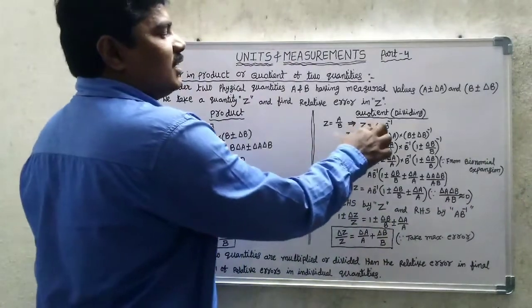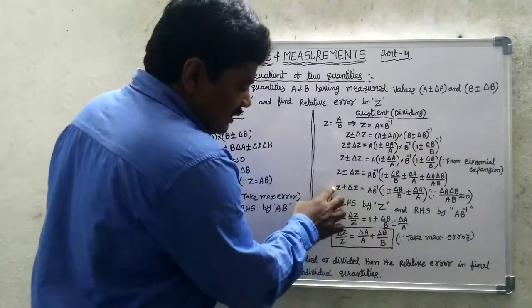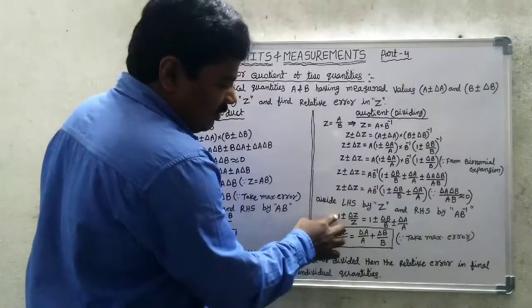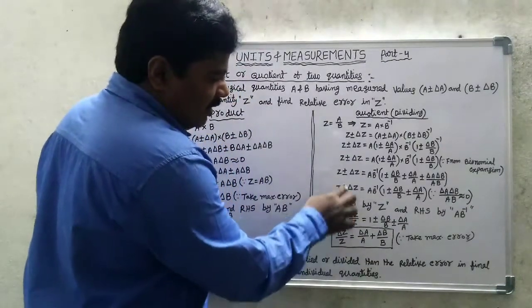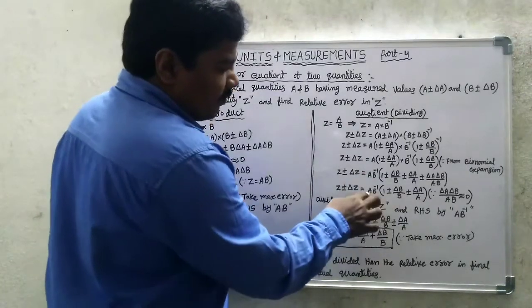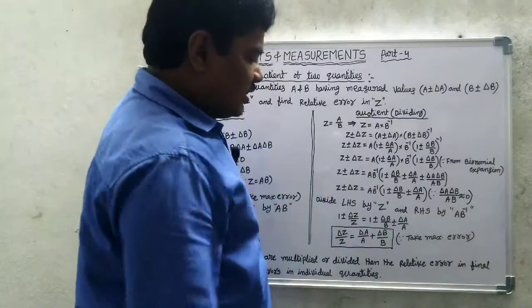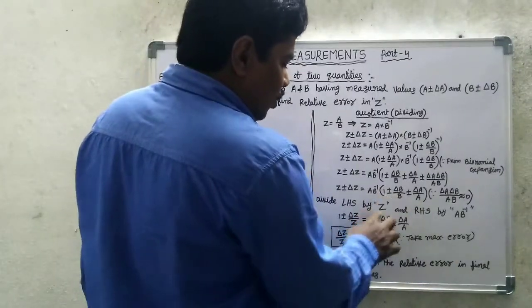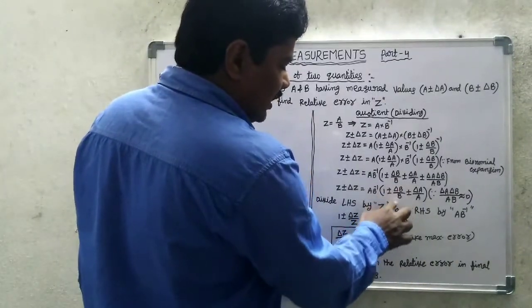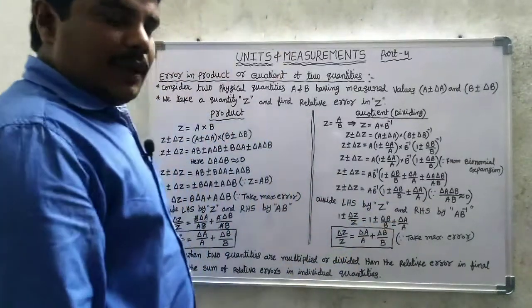Why? Because Z is equal to A B inverse. We get Z by Z will be cancelled. We get 1 plus or minus delta Z by Z is equal to, this A B inverse will be cancelled. Finally we get 1 plus or minus delta B by B plus or minus delta A by A.